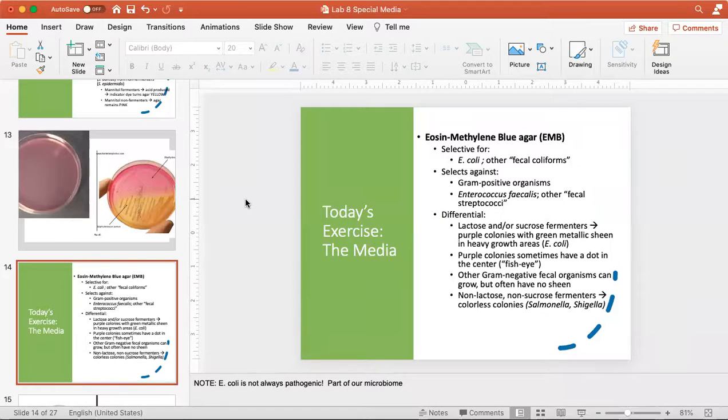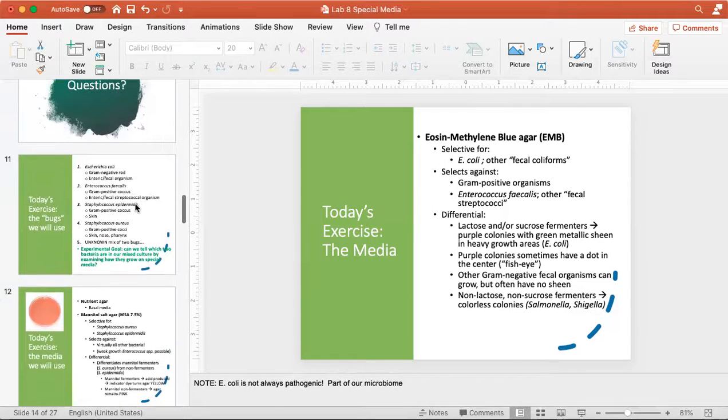So, E. coli and other fecal coliforms, these are all gram-negative organisms. Most of them are gram-negative rods. Not all of them, but most of them. So EMB is going to select against anything that's gram-positive. And that includes that organism we're using today called Enterococcus faecalis.